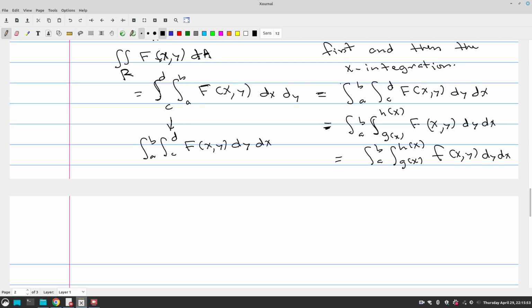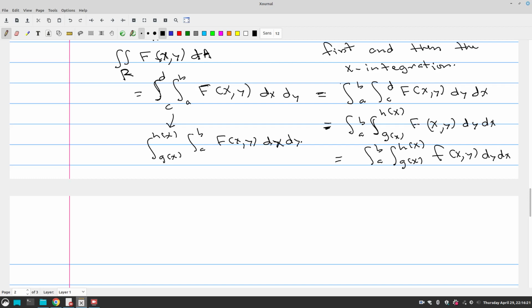I'm sorry, since this is dx dy, actually we already have it in terms of dx dy. So this can be written as the integral from a to b, g of x to h of x, f of x y dy dx.